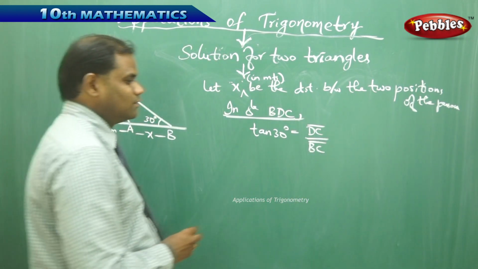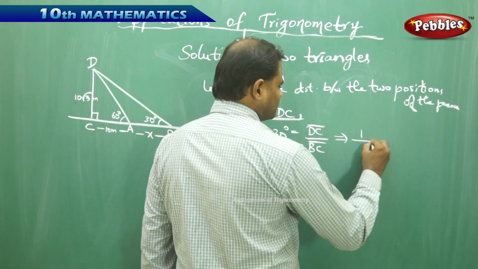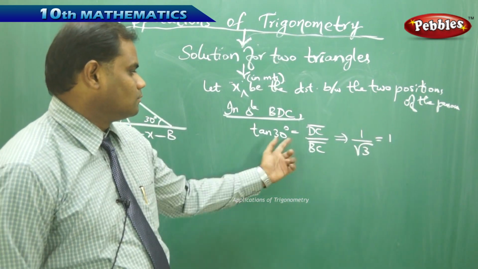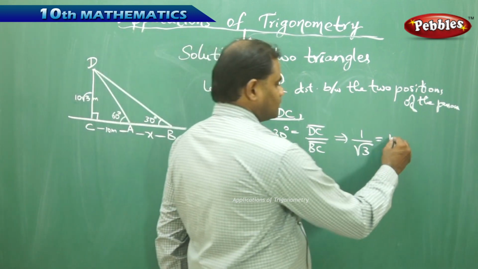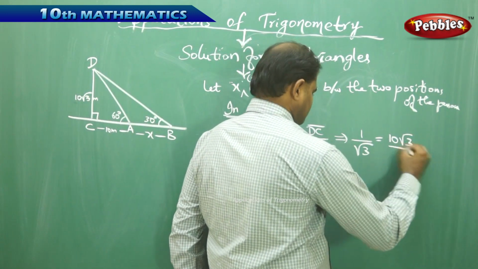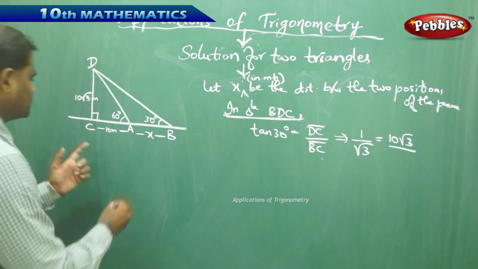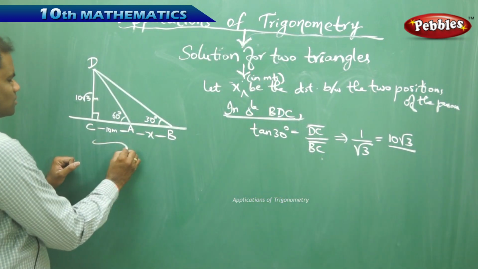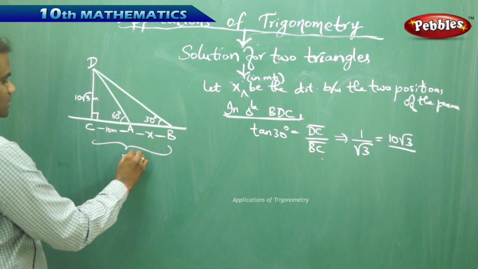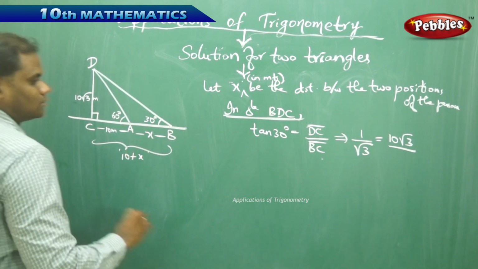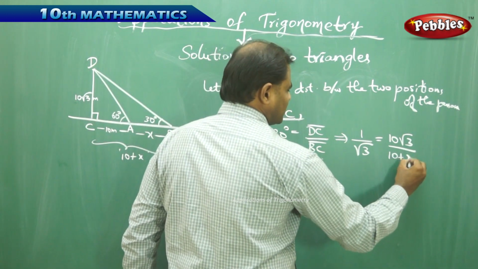But what is tan 30? We know that tan 30 is 1 over root 3. So 1 over root 3 is DC, which is 10 root 3, over my BC, which is 10 plus x, because this on the whole gives me the whole of BC. So this is 10 plus x.